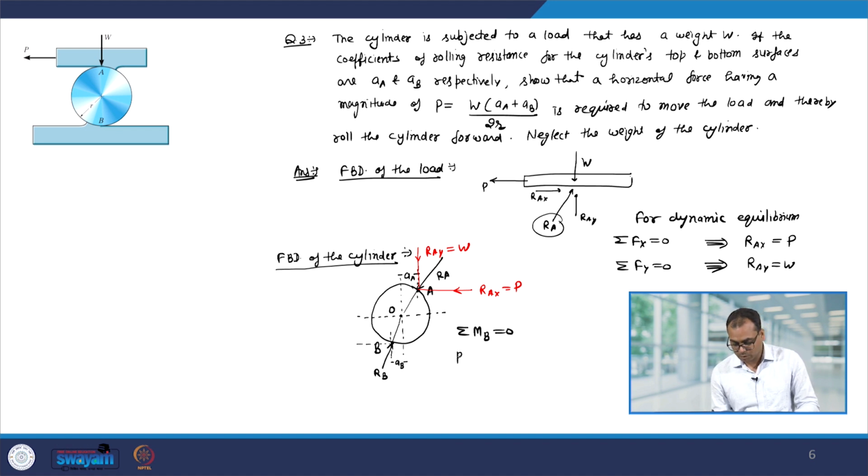So, we have this force P and its vertical distance from point B is 2r, equal to weight W into the normal distance from point B, and that is equal to AA plus AB. Therefore, P is equal to W (AA plus AB) divided by 2r.